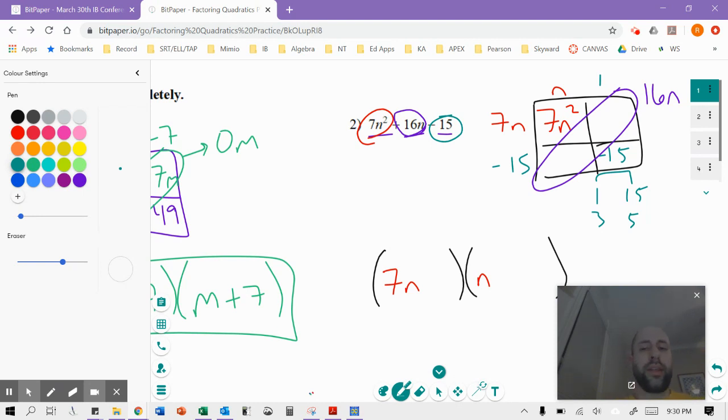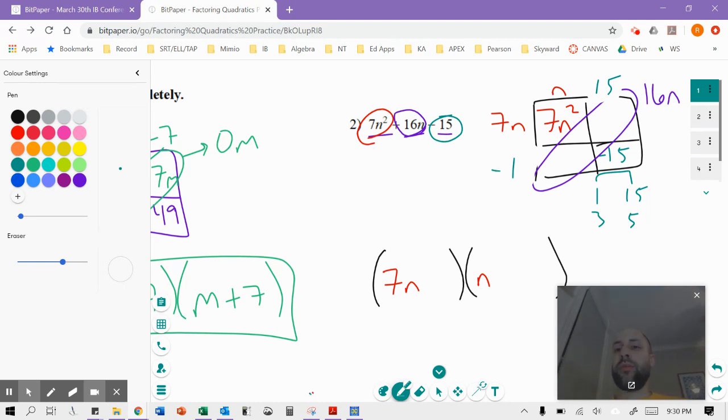Now, the other thing I do need to try is thinking about what if I switched those places. So if I put the 15 up here and the 1 down here, I need to check this, so one of those has to be negative.